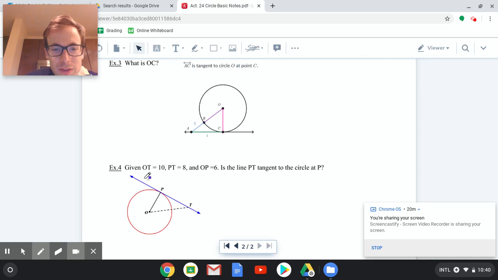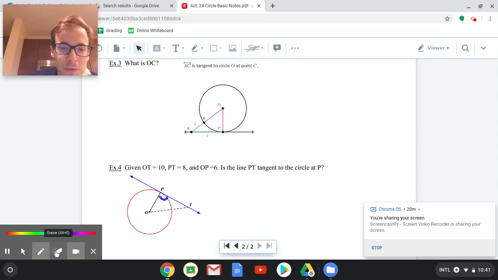Notice we aren't given any information as to whether this line PT is tangent, even though it looks like it. So we're going to prove if this is actually tangent to the circle using Pythagorean theorem, because if that line is tangent to the circle, there should be a right angle formed there.